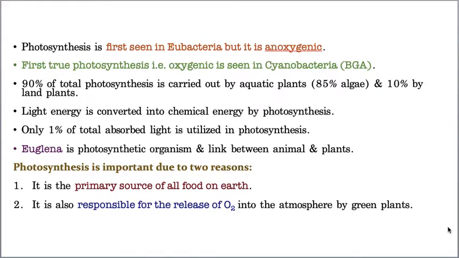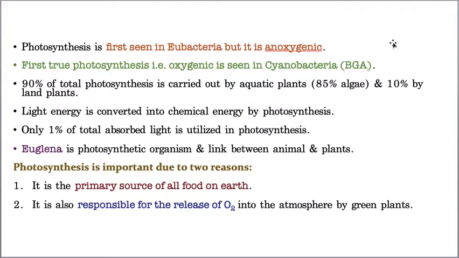Photosynthesis of bacteria doesn't release oxygen. I clearly mentioned it is anoxygenic. What is the meaning of anoxygenic? It doesn't release any sort of oxygen, so it is called anoxygenic. So in eubacteria photosynthesis obviously takes place, but that photosynthesis does not release any oxygen.